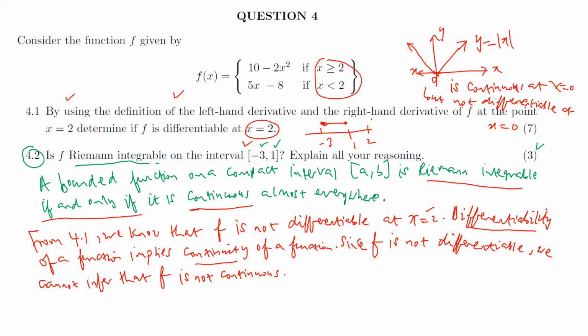It's not differentiable there, but when you look at x less than 2, what part of the function is this? This straight line here is clearly a continuous line of positive slope, whatever the graph.